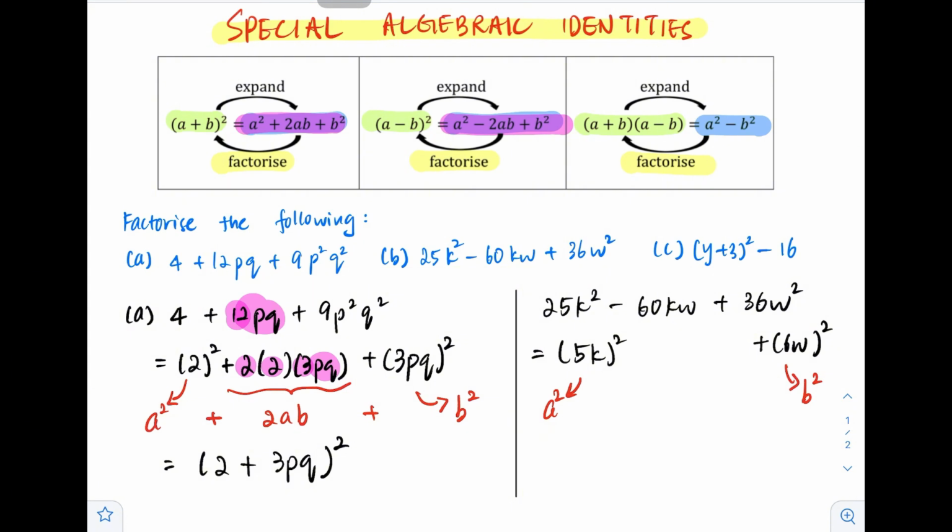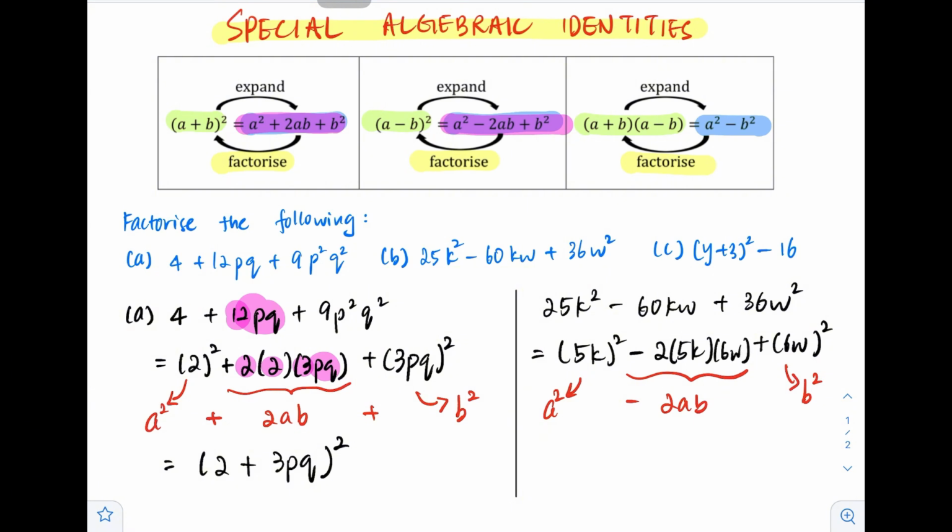So let's see what's missing. What's missing is our minus 2ab, right? So we already have the minus sign over here. So let's see if we can rewrite 60kw as 2 times a, which is 5k, and b, which is 6w.